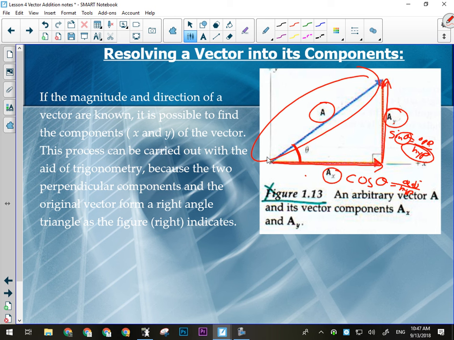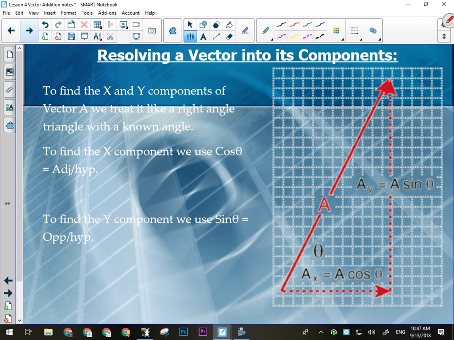That's how we solve for vector components. So it looks like this: AX would be A, the hypotenuse, times the cos of theta. That will calculate this side. And for the y component, because it's the vertical part, it's the opposite side, so it would be A times the sine of theta.